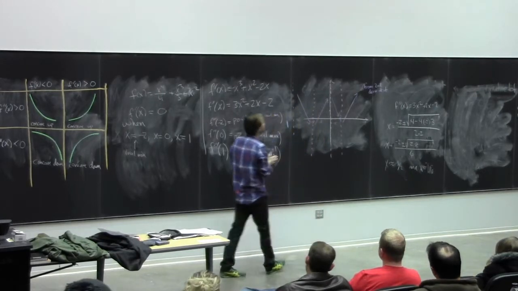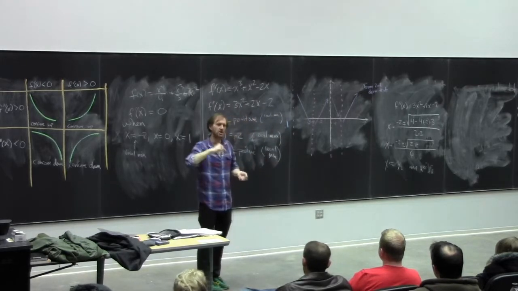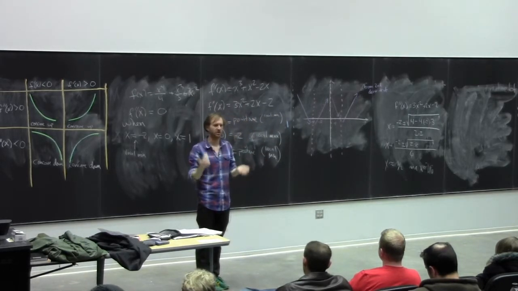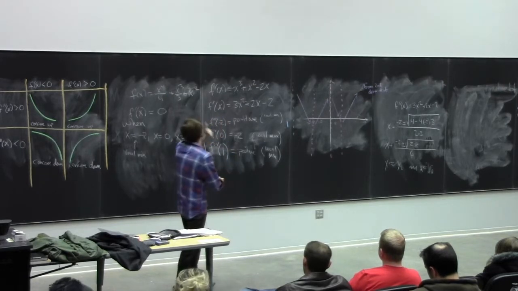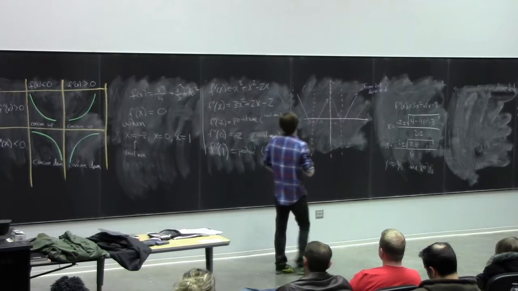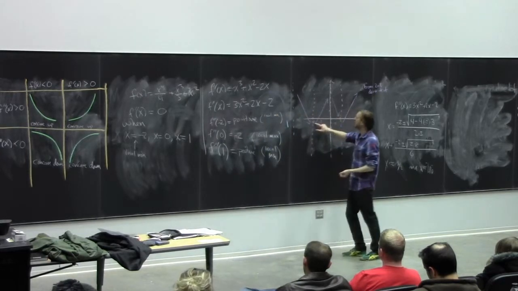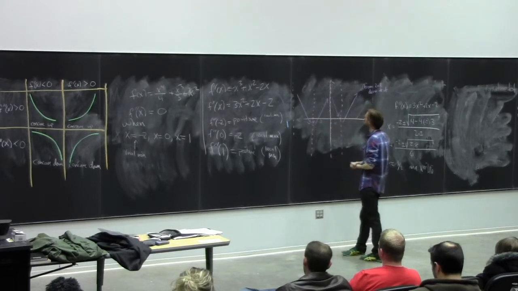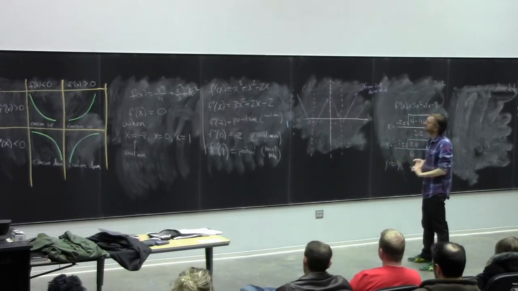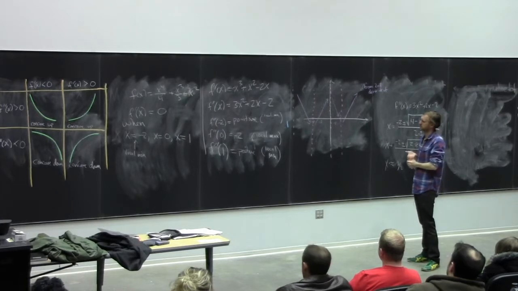So how do we figure out if concavity changes? Well, we plug in, we see if the sign of the second derivative changes. What's the sign of the second derivative at negative 2 again?